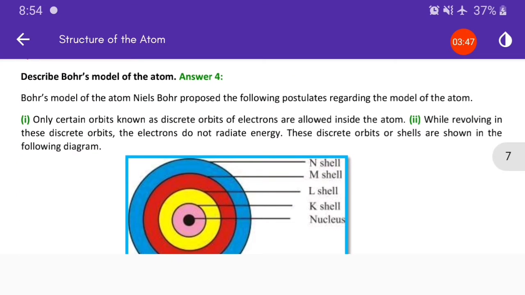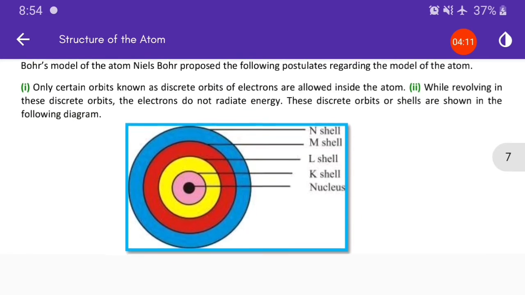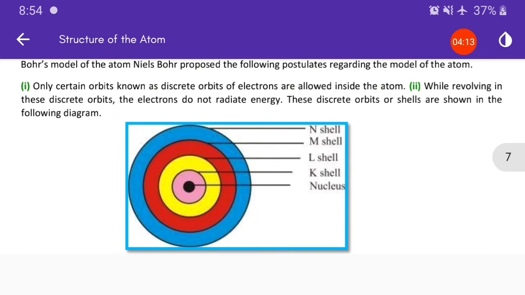Next question, describe Bohr's model of the atom. This can be asked in 5 marks and it will be 100% coming for your evaluation too. So please prepare this question. The Bohr model of the atom, given by Niels Bohr, proposed the following postulates regarding the model of the atom. Here first of all the diagram is compulsory.